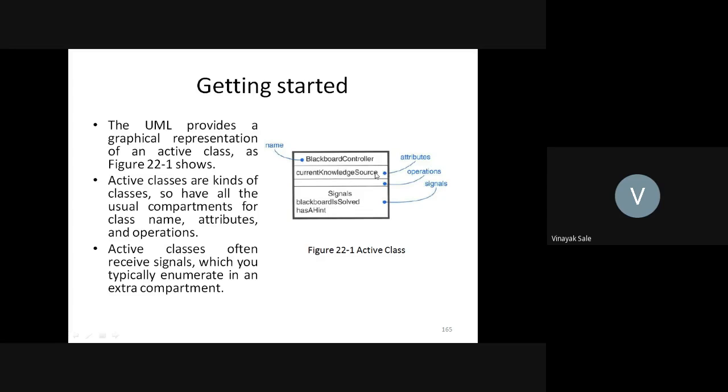First is attributes, second operations, third signals. Active classes are kinds of classes, so they have all the usual compartments for the class name, attributes, and operations. Active classes often receive signals, which you typically enumerate in an extra compartment.